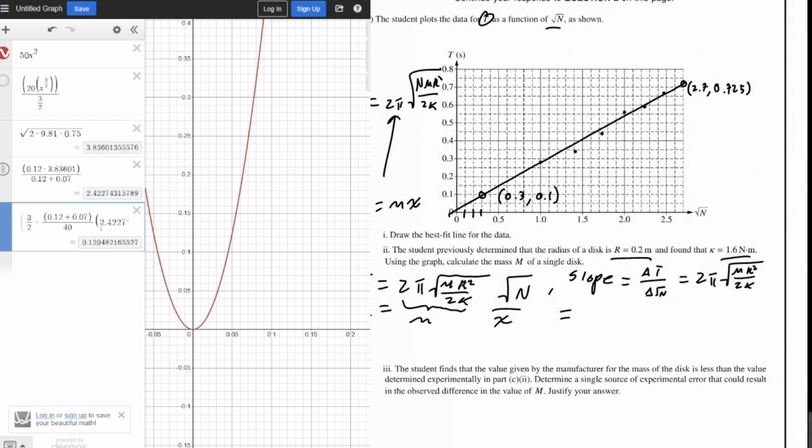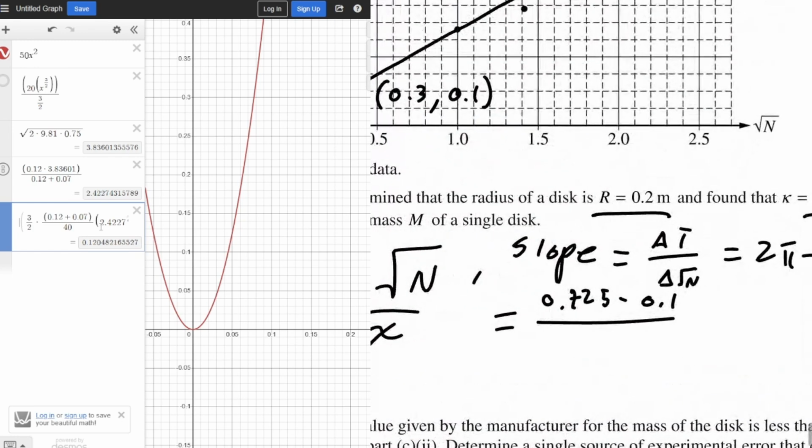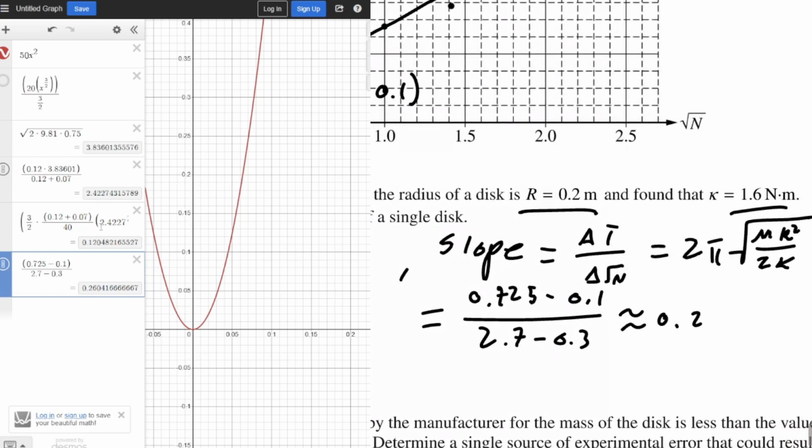I'm going to calculate my slope. So change in y over change in x, so it's going to be 0.725 minus 0.1 over, what was my x? It was 2.7 minus 0.3. Let's do that in Desmos. 0.725 minus 0.1 divided by 2.7 minus 0.3. Great. And that gives us roughly 0.26041.